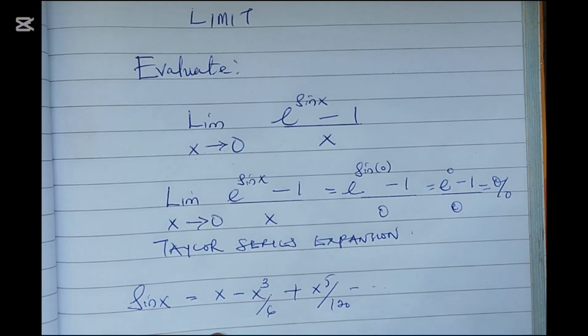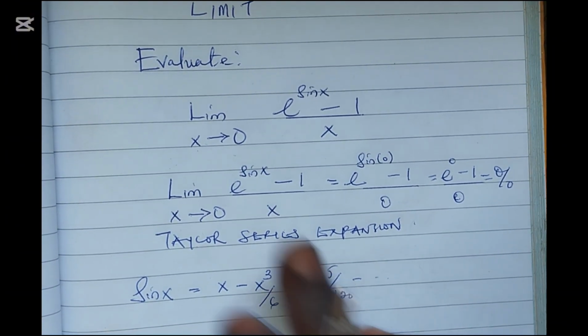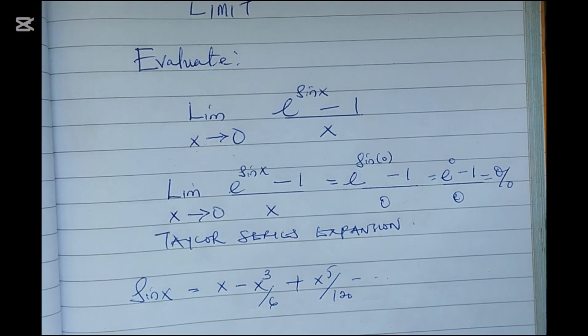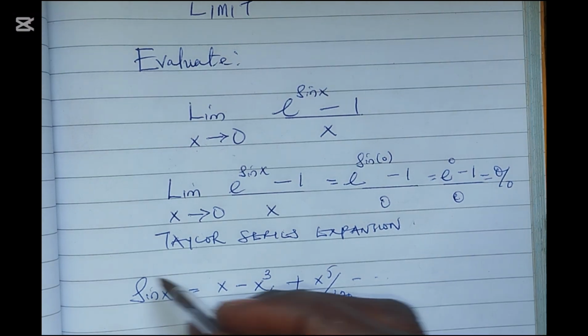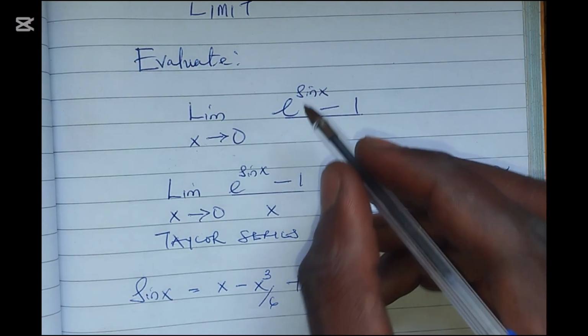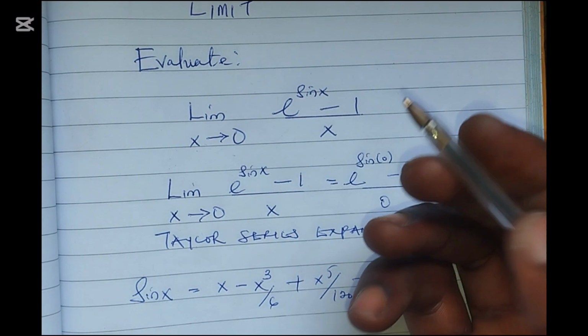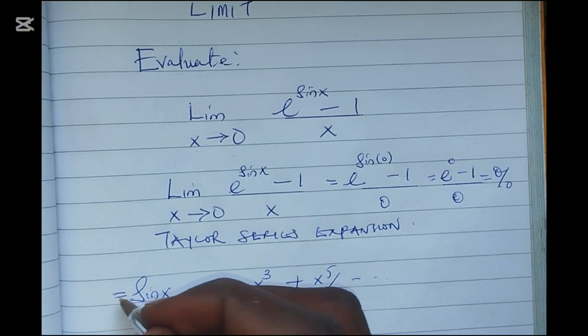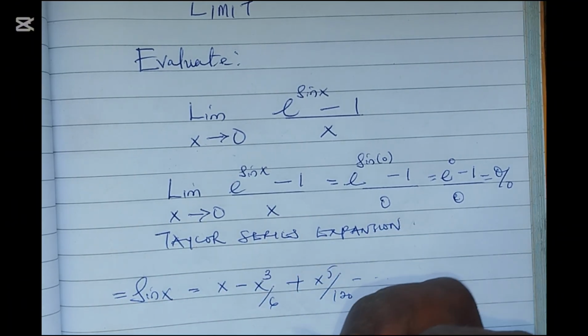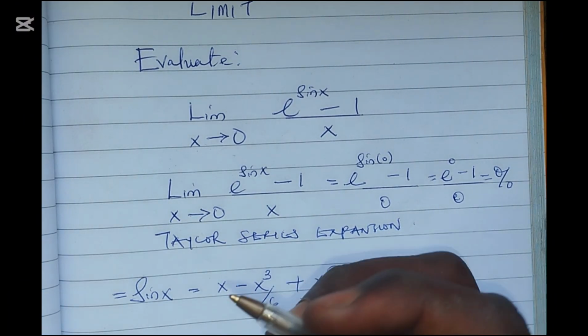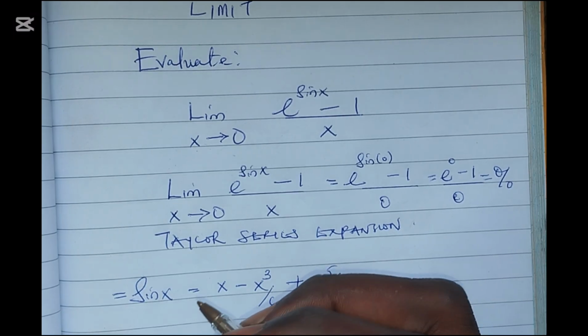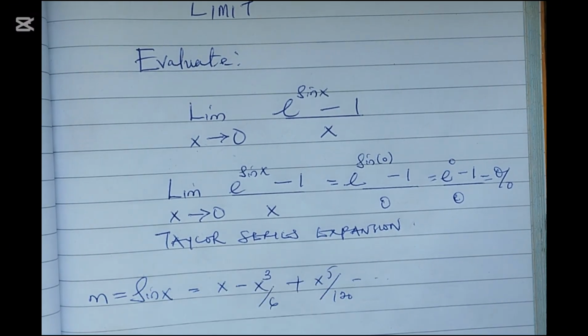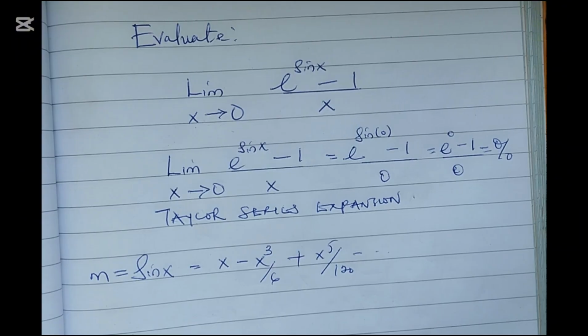This is the Taylor series expansion for sine x around 0. So we have to assume that this sine x is equal to whatever variable you like. In my case, I would like to use variable m. So let's say this sine x is equal to m.